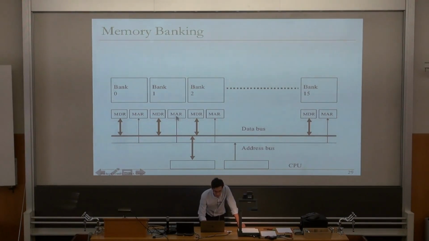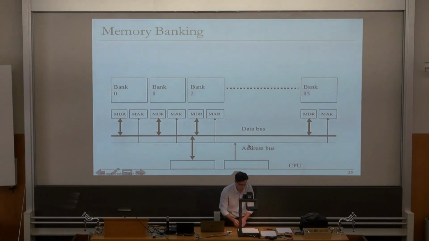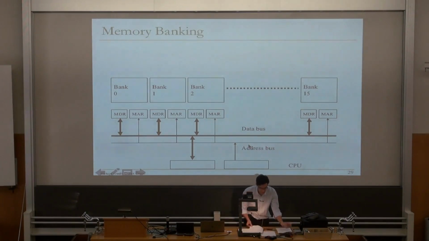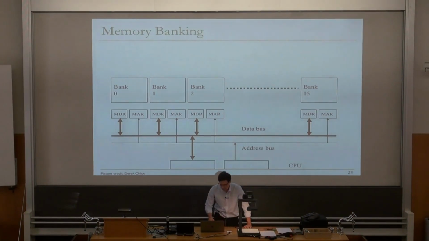All these banks, as you can see, are going to share the data bus and the address bus. So let's take a look at how this is going to work with one example.